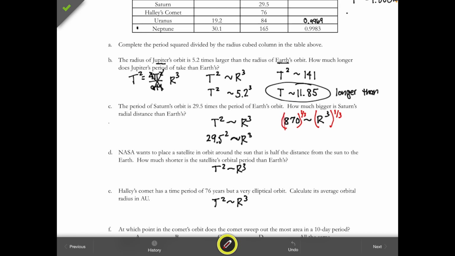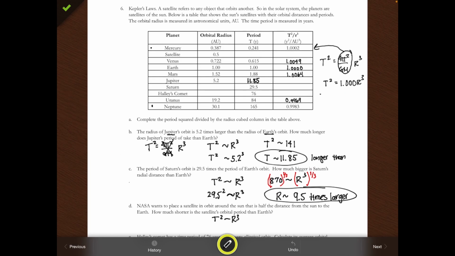The cube root of 870 is 9.5. Again, I didn't put an equal sign here because it's 9.5 times larger than Earth's. Saturn is farther out than Jupiter. It is 9.5 times farther out than Earth.